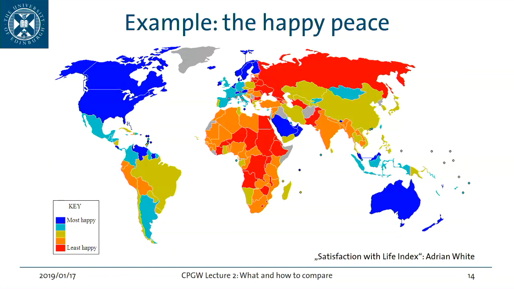But if we think about this on a global scale, this is a political scientist who made something called the Satisfaction with Life Index, which is a meta-index that uses lots of other indicators and, much like the lecture on Monday, tries to arrange all countries in the world along one axis, namely where people are happy, or where citizens say that they are happy.